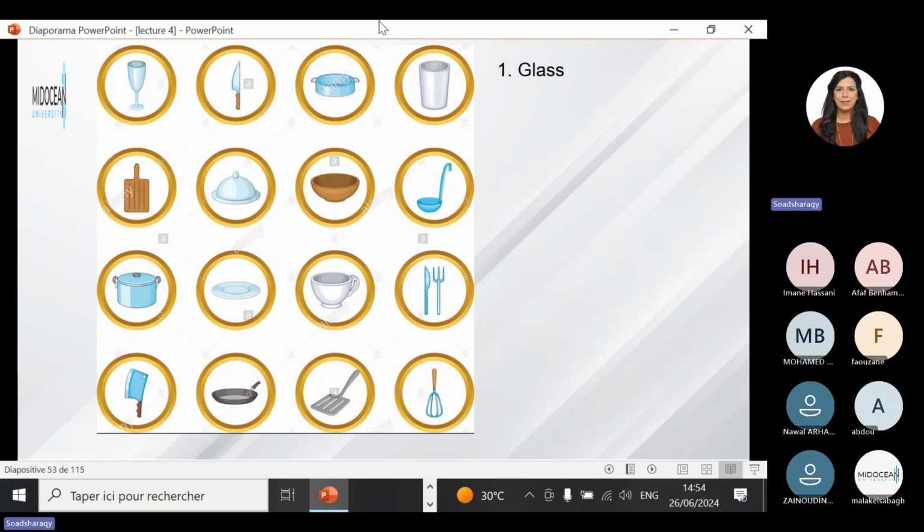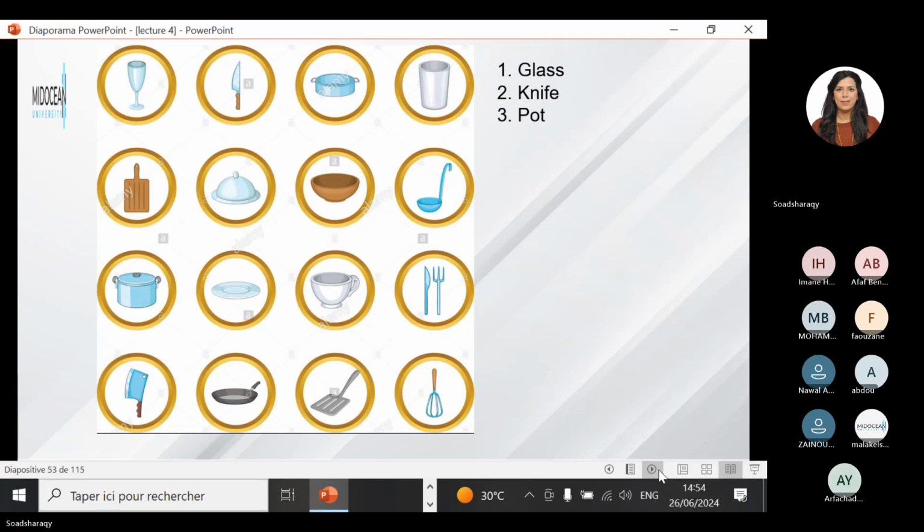So, photo number 1, glass. 2, knife. We call this knife, okay? 3, this is a pot, okay? Number 4, cup.